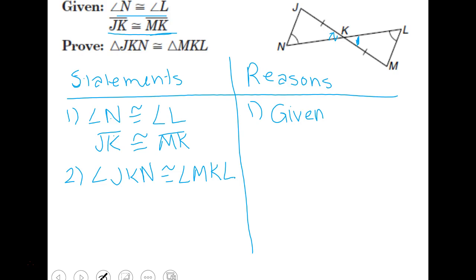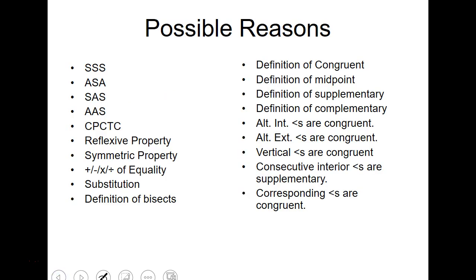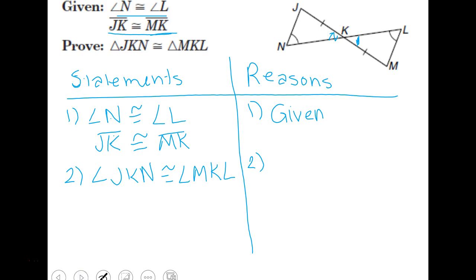So we know those angles are congruent because if we refer back to our list of reasons right here, we see right here that vertical angles are congruent. So that's what we want to use for our reason: vertical angles are congruent. All right. So now we have 2 angles and a side, and what we're trying to prove here is that triangle JKN is congruent to triangle MKL.